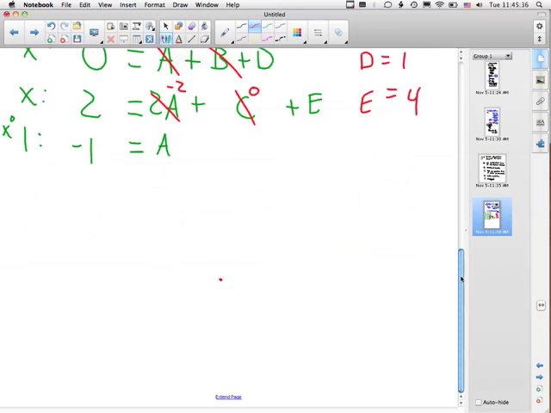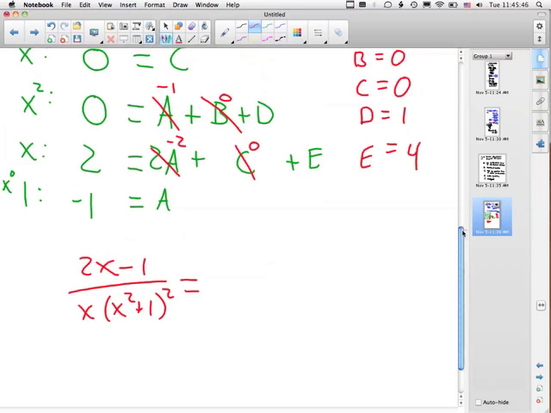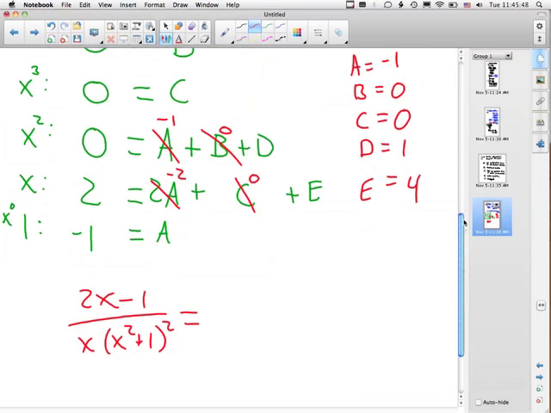So our original fraction, which was 2x minus 1 over x times x squared plus 1 squared, is -1 over x plus 0 of that other fraction, and then x plus 4 over x squared plus 1 squared.